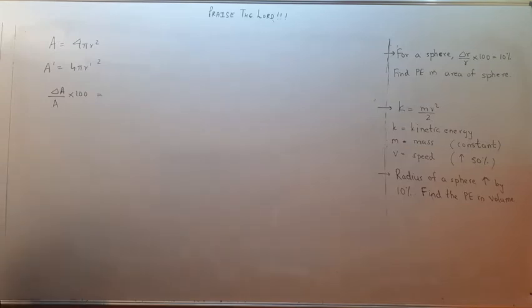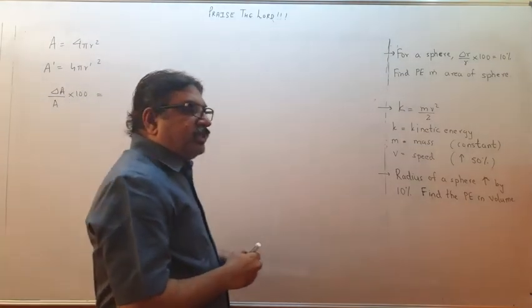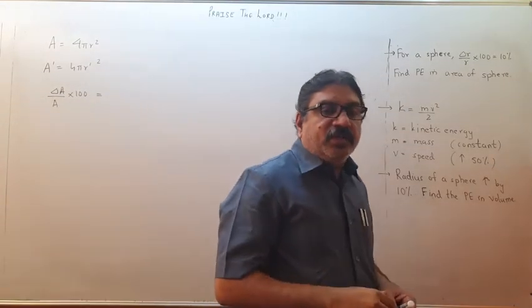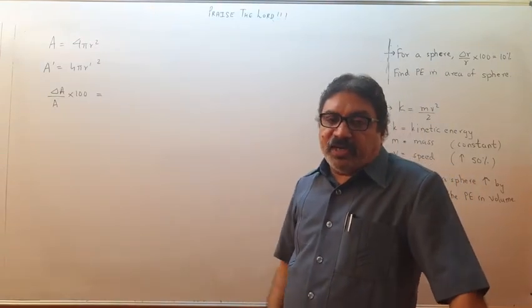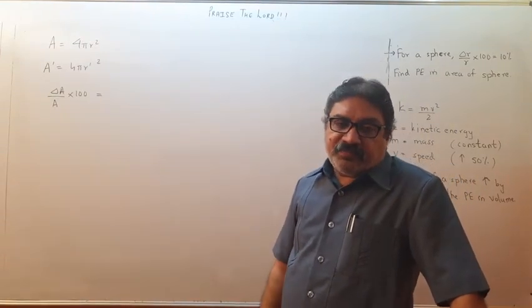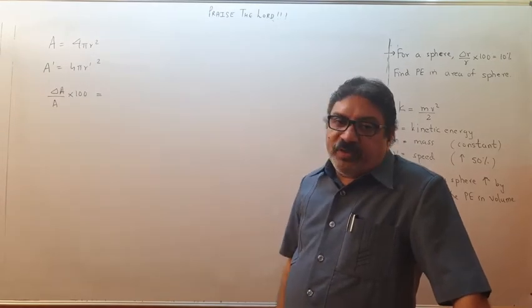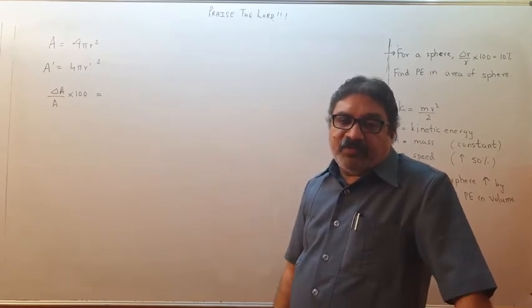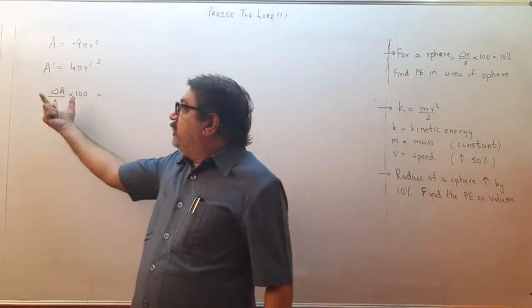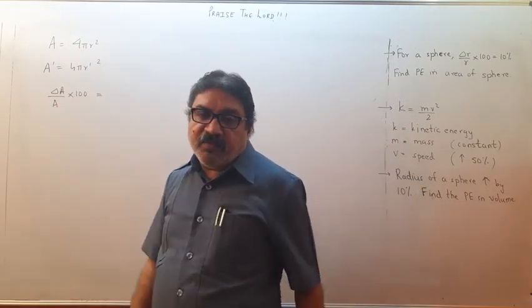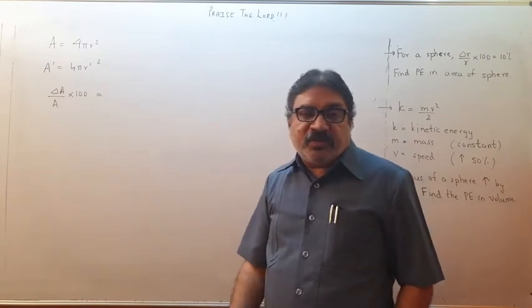If I want the percentage error in any quantity, I find change upon actual value into 100. That is the formula for percentage error. If you don't multiply by 100, then this is the relative error. If you multiply by 100, it becomes the percentage error.